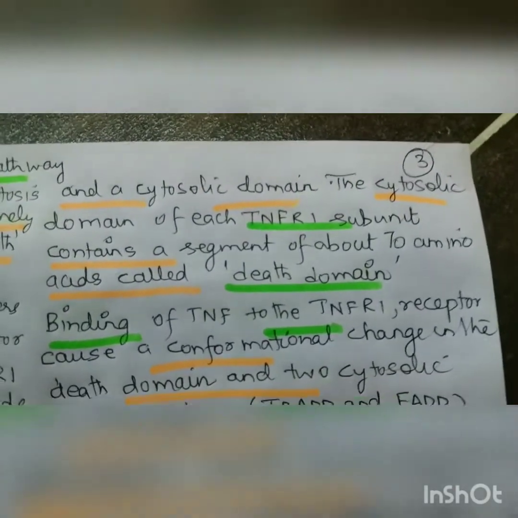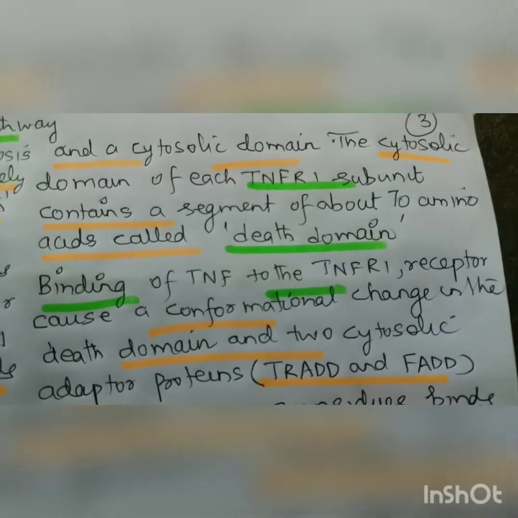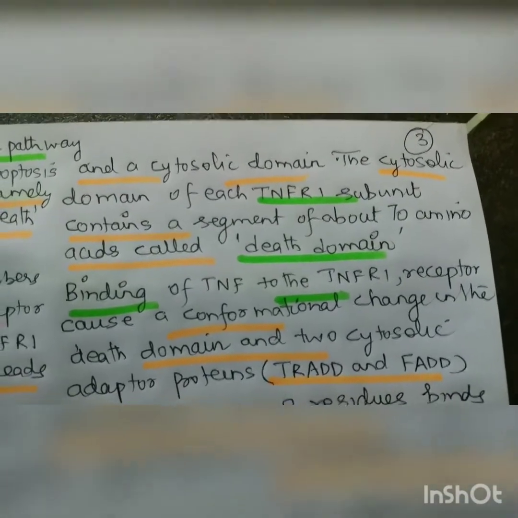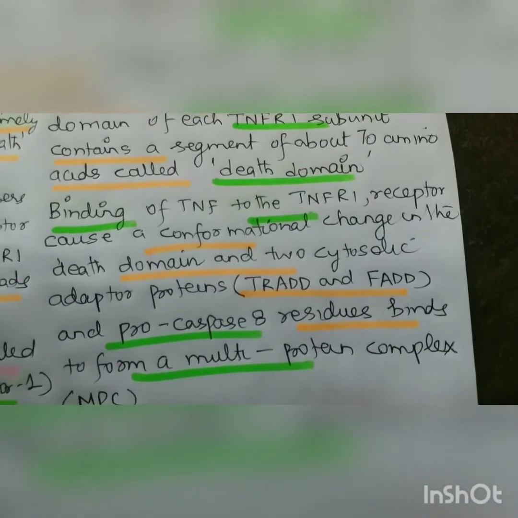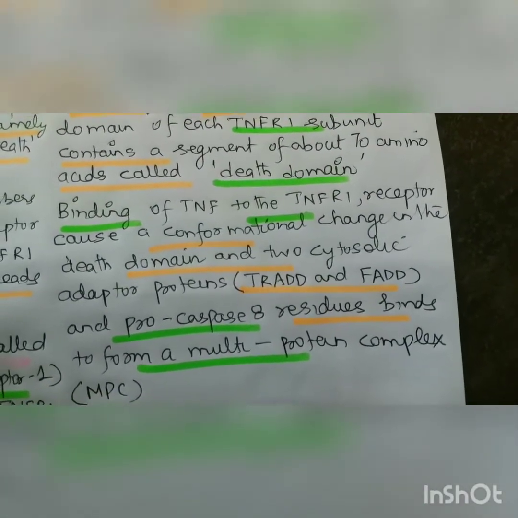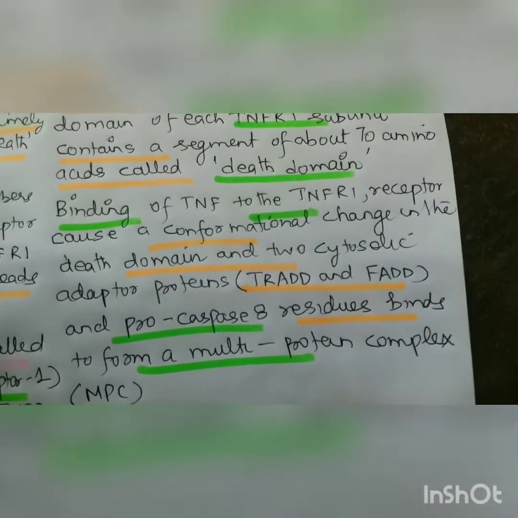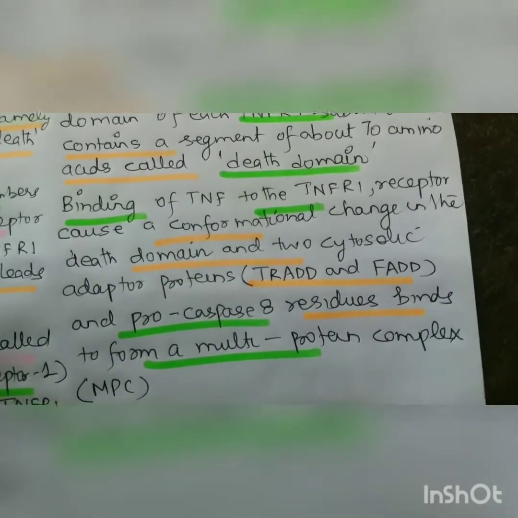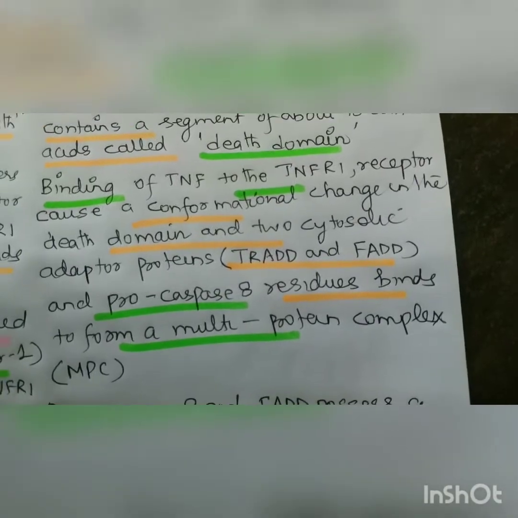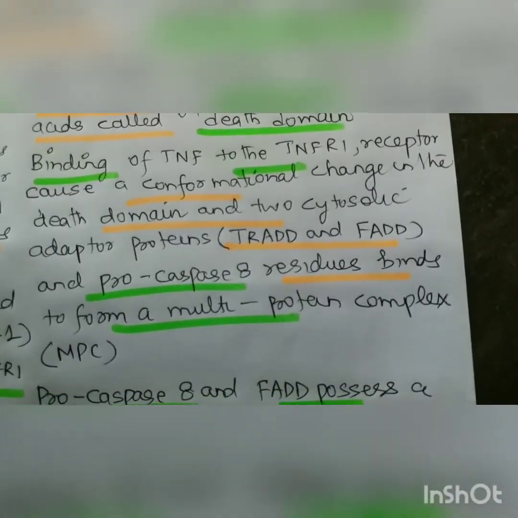The cytosolic domain of each TNFR1 subunit contains a segment of about 70 amino acids, the death domain. Binding of TNF to the TNFR causes conformational changes in the death domain, and the two cytosolic adapter proteins TRADD and FADD, blue color and orange color as I explained in the slide, and pro-caspase residues bind and form a multiple protein complex.